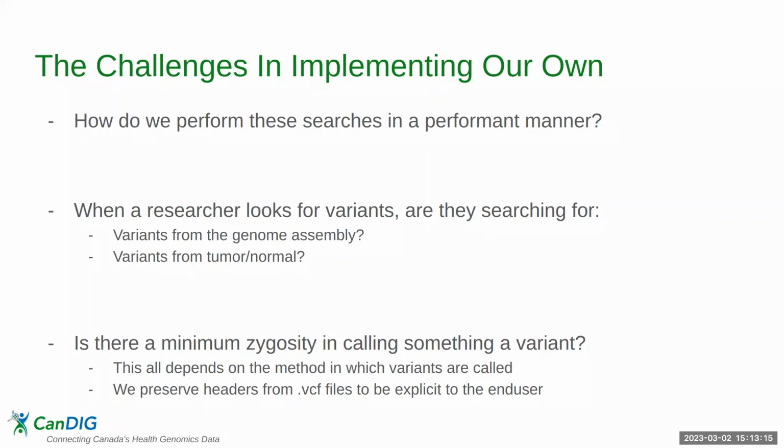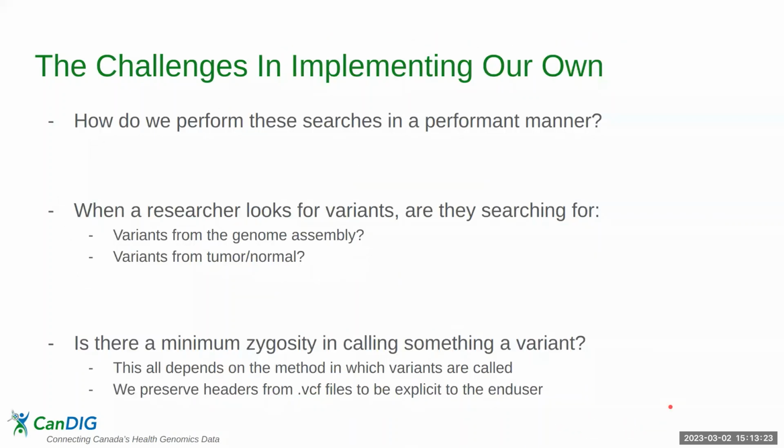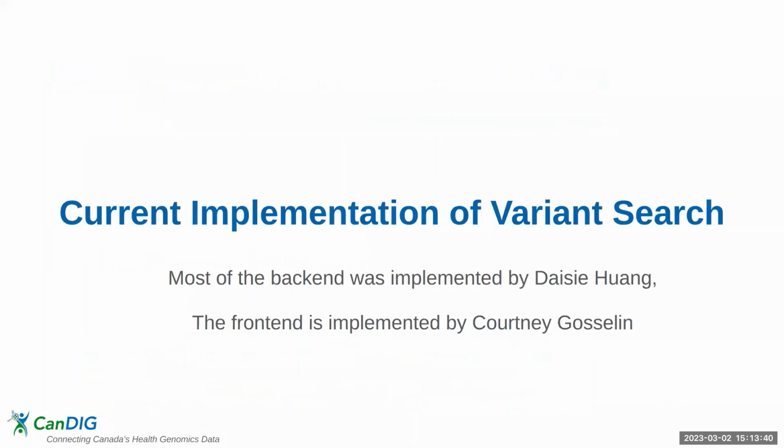Are we looking for how prevalent this particular change, does C at this position have to be across your sample before we return it? Researchers might be interested in excluding certain low zygosity counts if they're uncertain of the quality of the data that they might be querying for.